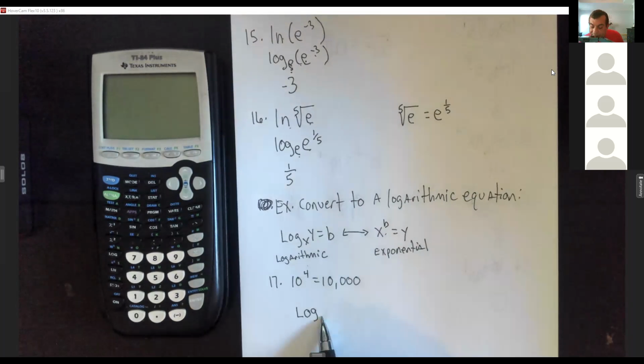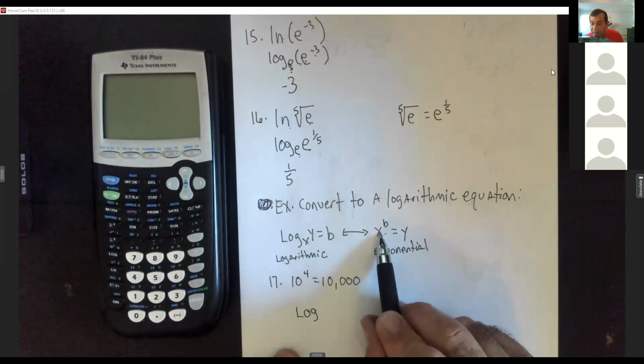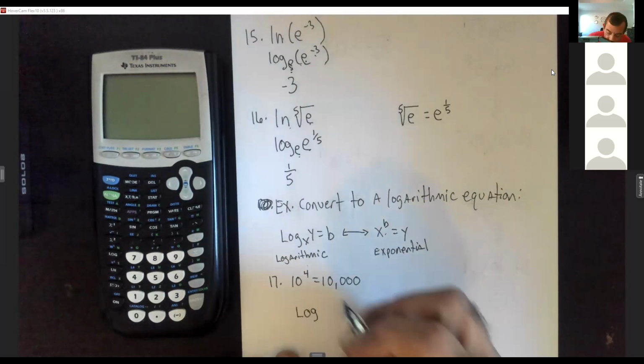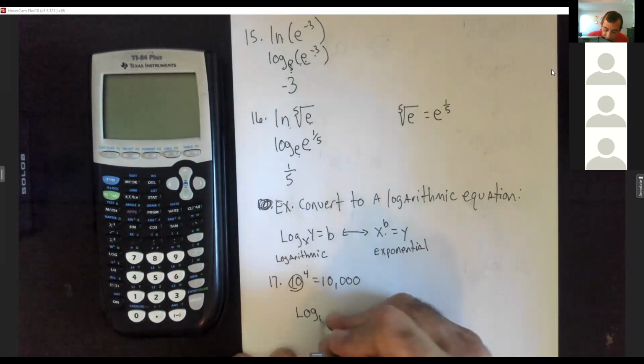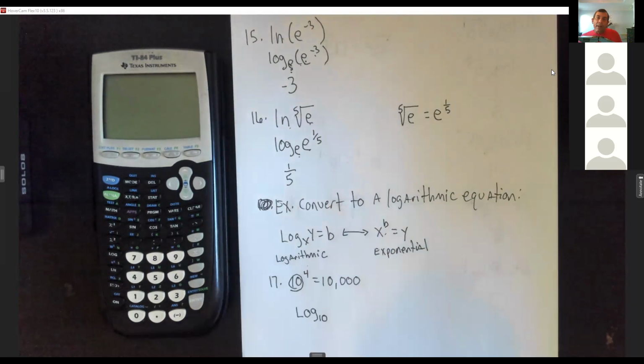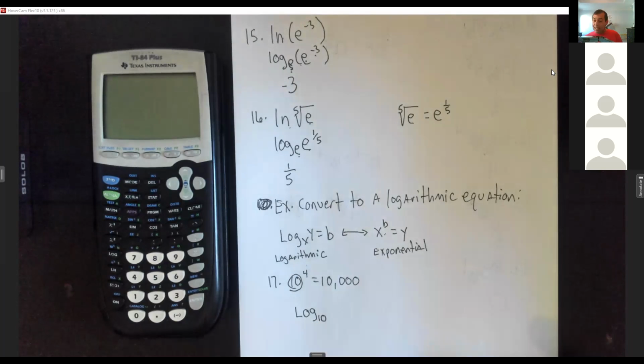Well, when it's in exponential form, the base is the number being raised to the exponent. So there's my base, 10. So I'm going to bring down my 10. But remember, if I was writing this on MATLAB, I wouldn't have to put the 10 because it would be understood that that 10 would be there, okay?